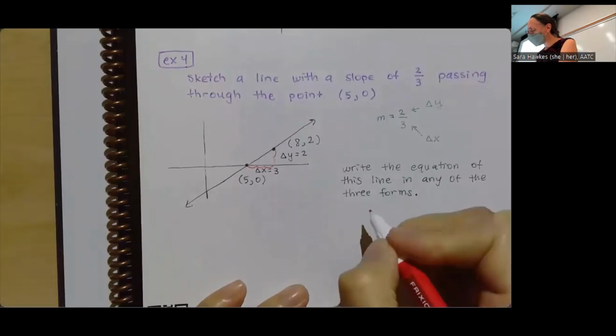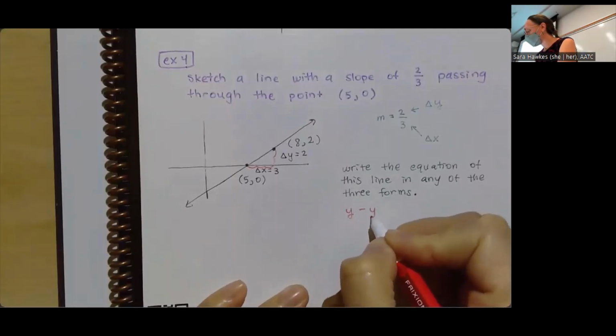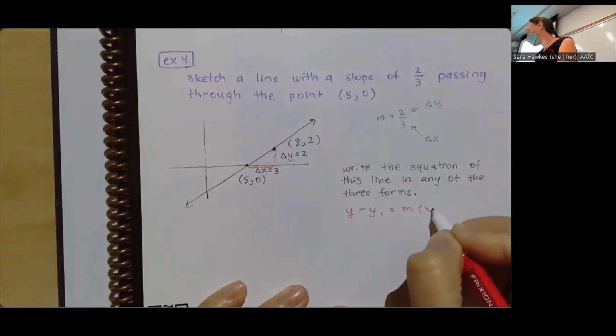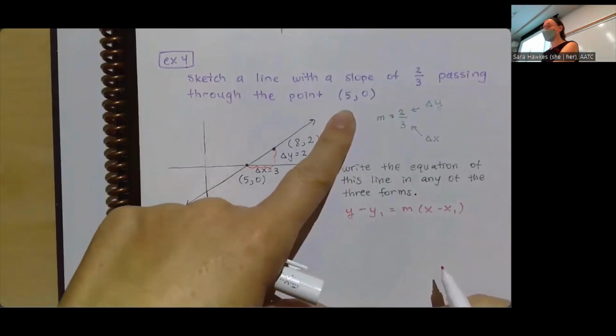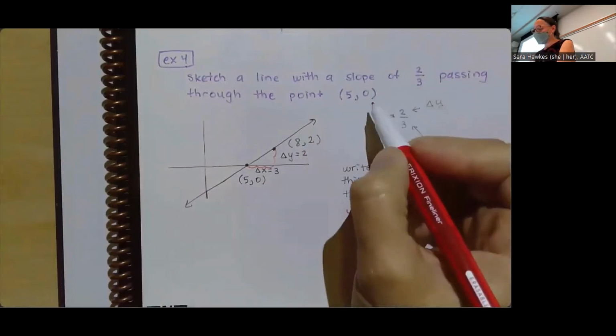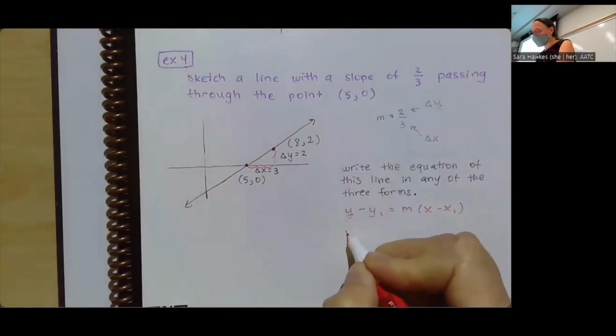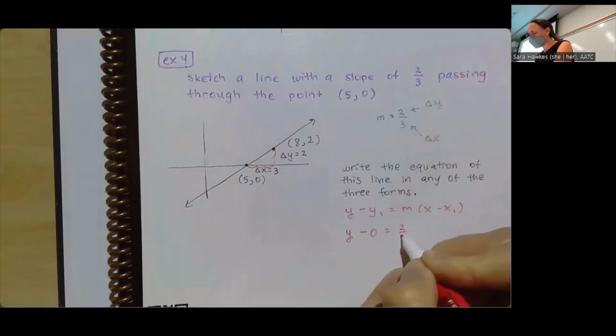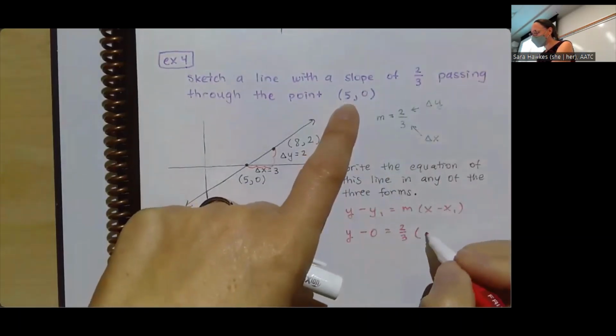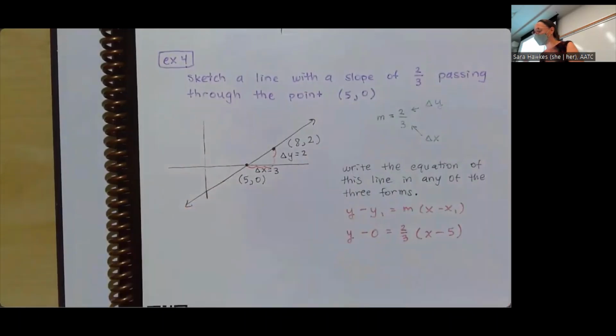I know that my point slope form needs to look like y minus y1 is equal to m times x minus x1. And the point we were given was 5, 0. 0 is the y value, so I'd have y minus 0. Our slope that we were given was 2/3. And the x value at the point was 5, and we can walk away.